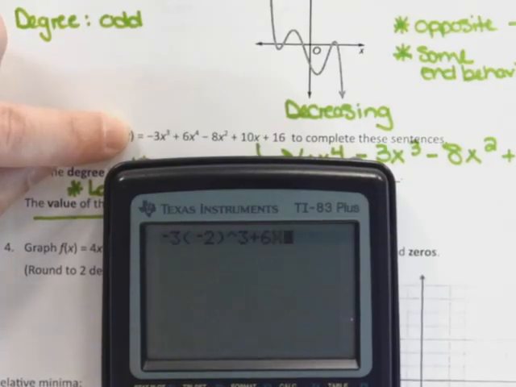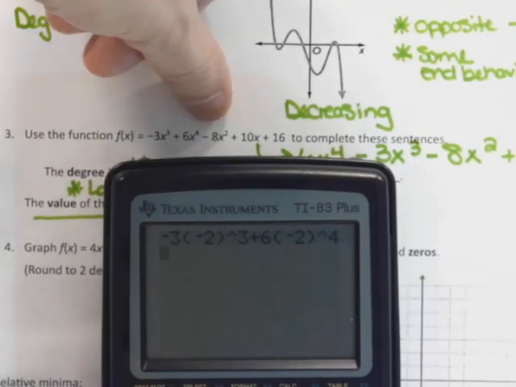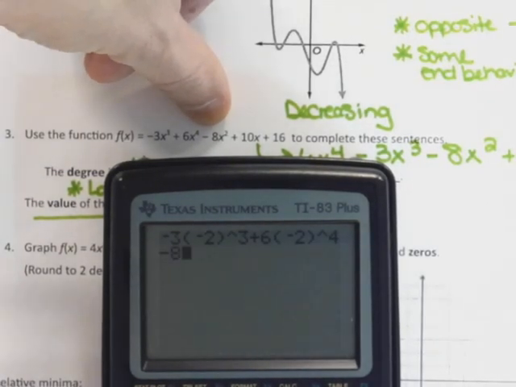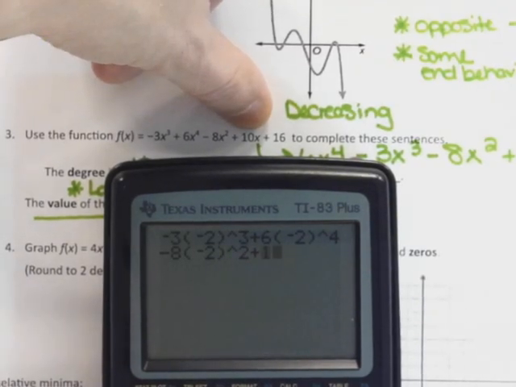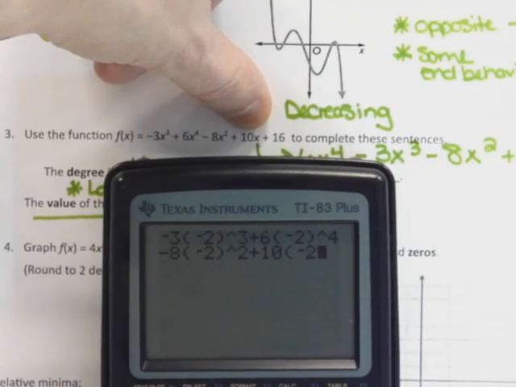Plus 6x, nope, I don't want my x anymore. 6 parenthesis negative 2 to the 4th power, minus 8 parenthesis negative 2 square it, plus 10 parenthesis negative 2, plus 16.